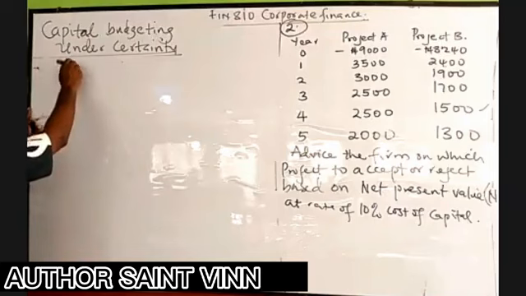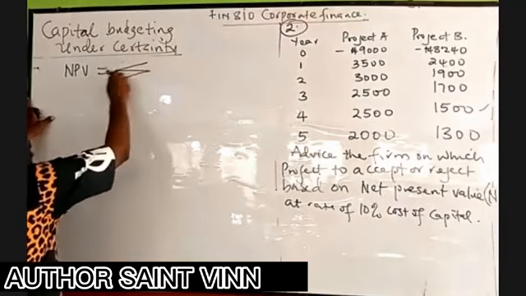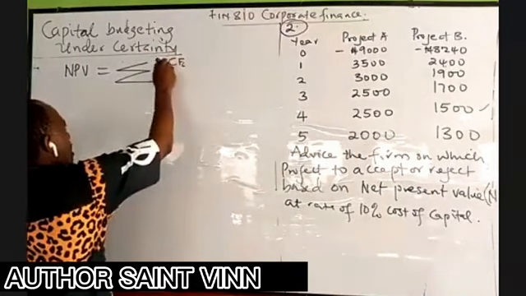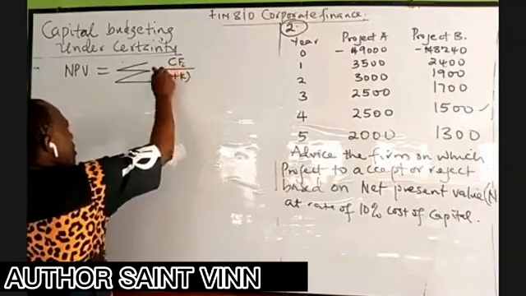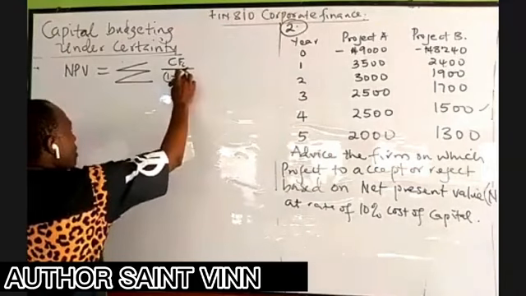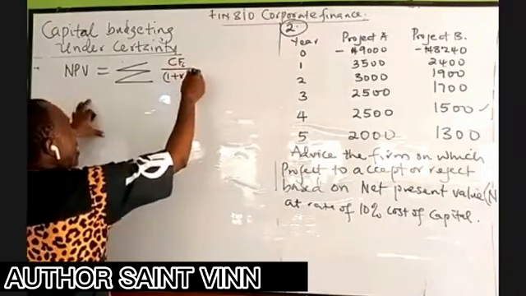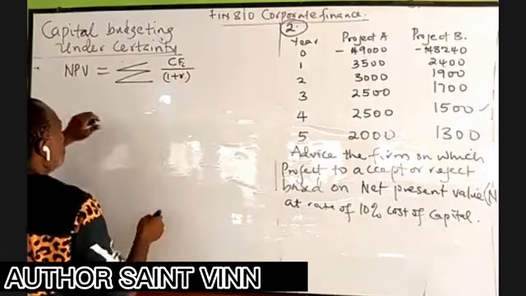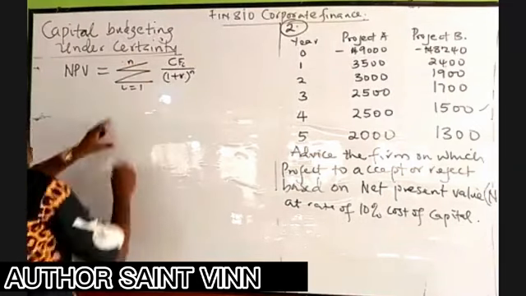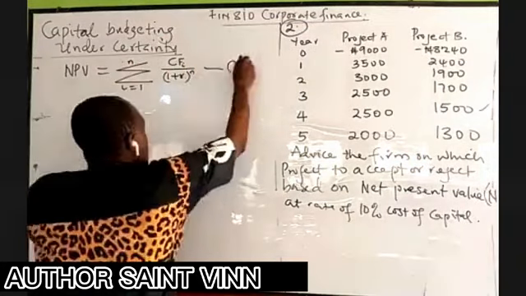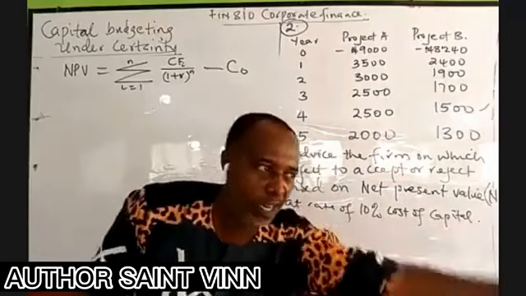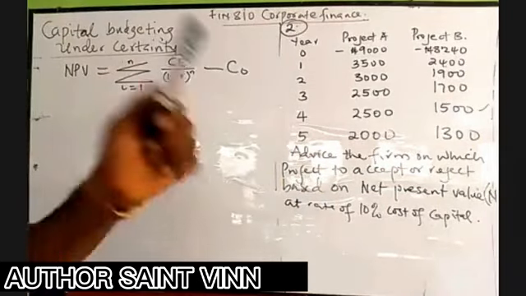So NPV is equal to the summation of cash flow at time t over (1 plus K), some may say R, raised to the power of t, with t starting from 1 to N, minus C0. C0 is the cash outflow or outlay, which is the initial cost.